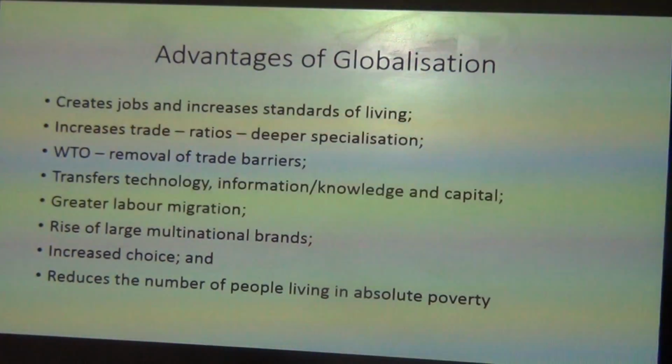Okay, so the advantages of globalization start with, on a very simple level, globalization creates jobs and increases the standards of living globally.